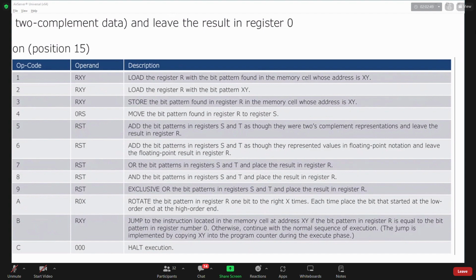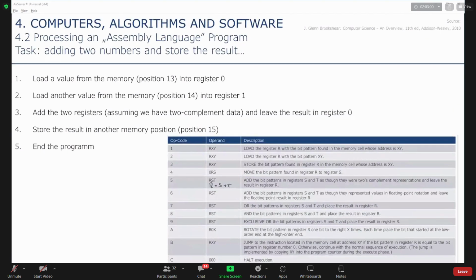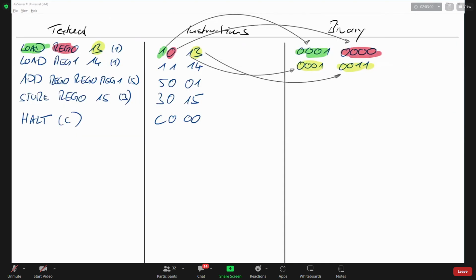So what is written here is R is S plus T. And that's what I have here as well. So I'm storing the result in register 0, and what I'm storing there is the value of register 0 plus the value of register 1. Clear?